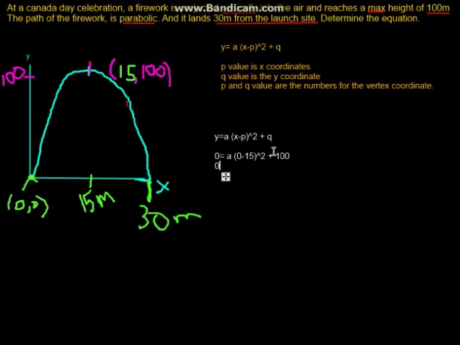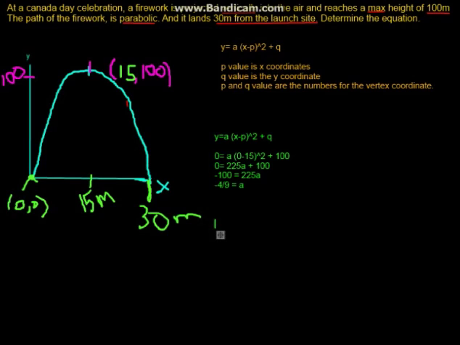If we evaluate this, 0 minus 15 is negative 15. Squared, it's 225, times the a, which is 225a, plus 100. From here it's simple algebra: subtract 100, and negative 100 equals 225a. You get a fraction, negative 100 over 225, which you can also write as negative 4/9, equals a. So here's our final product.